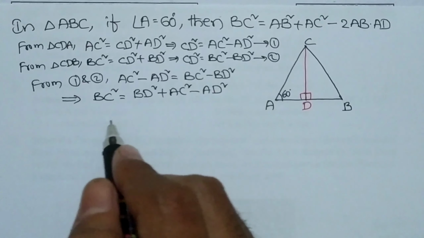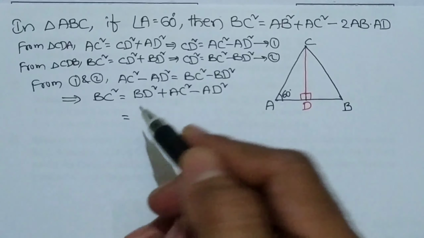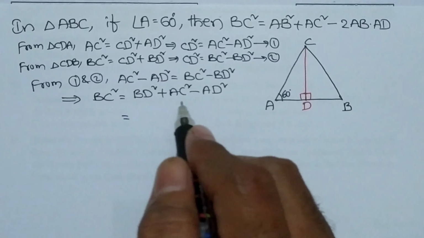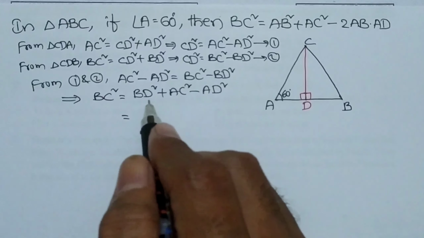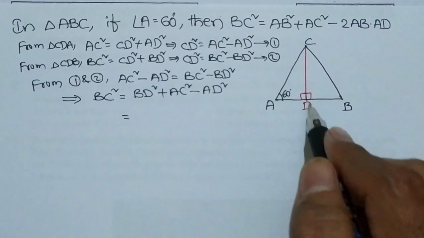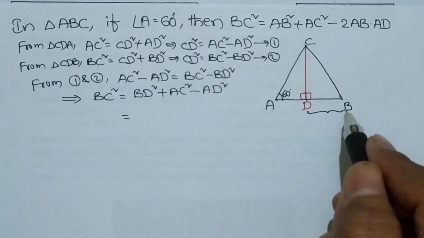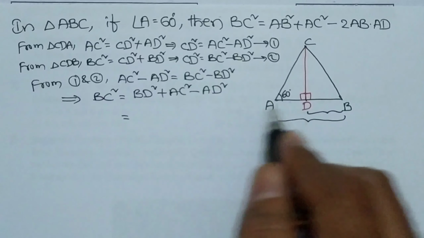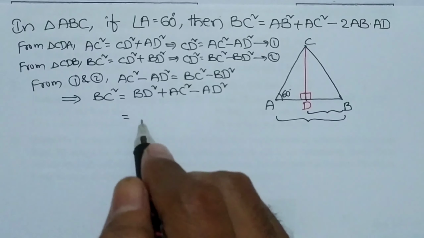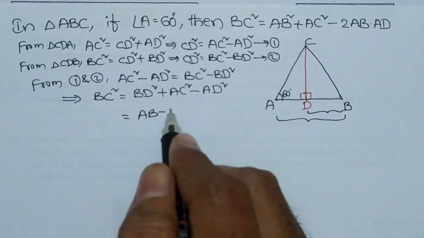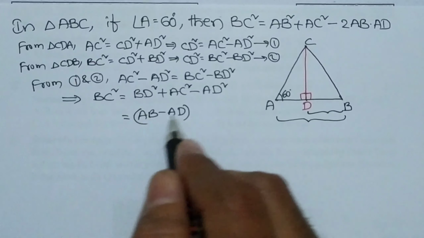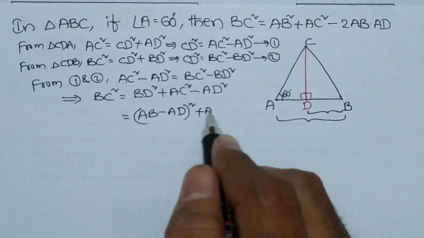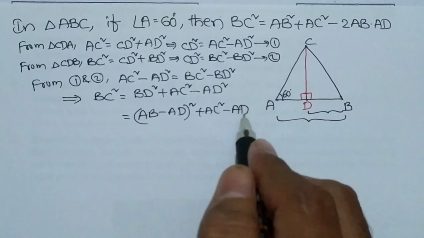Now here let us write AC square and AD square as it is, and in place of BD I would like to write AB minus AD. So I am writing BD square as AB minus AD whole square, and the remaining terms AC square minus AD square I am writing as it is.